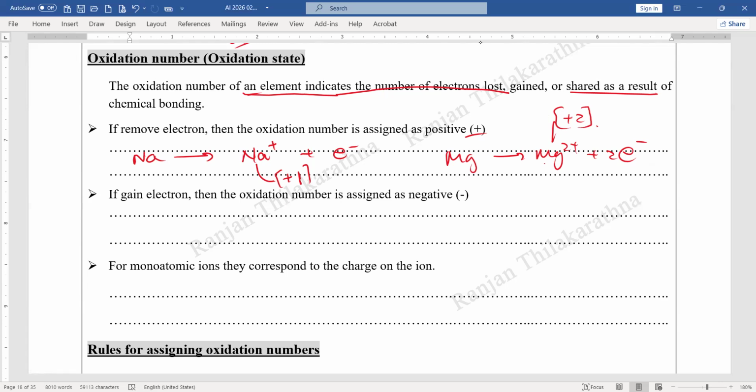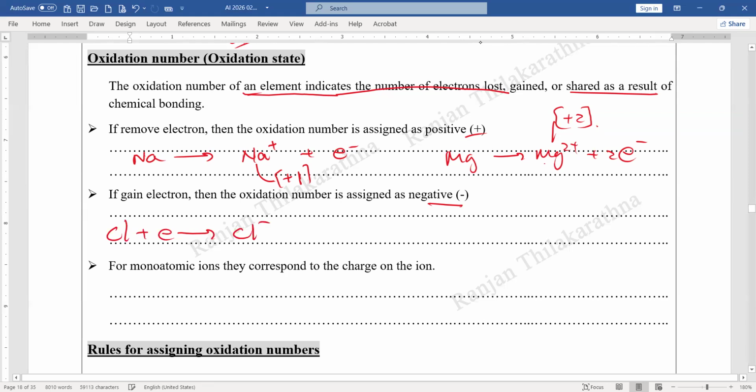Then if it gained an electron, the oxidation number is minus. Say Cl plus electron goes to Cl-. The oxidation state is -1. And oxygen plus 2 electrons, O2-, the oxidation state is now -2.